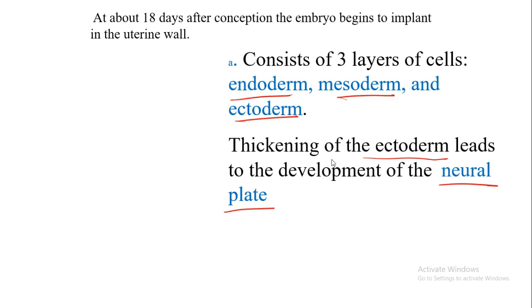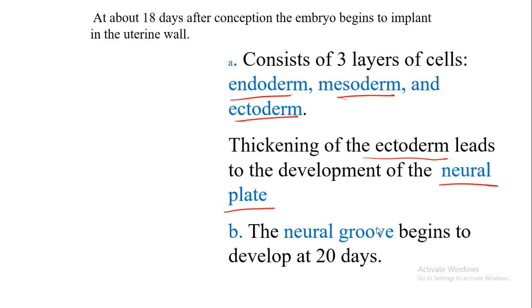Okay. With that being said, there is a formation of the neural groove, and this neural groove will normally appear on day 20. So the neural groove is expected to begin to develop by day 20, because by day 22 a neural tube has to be formed.